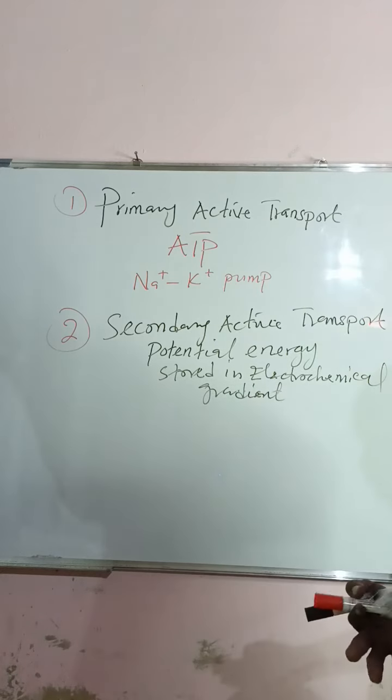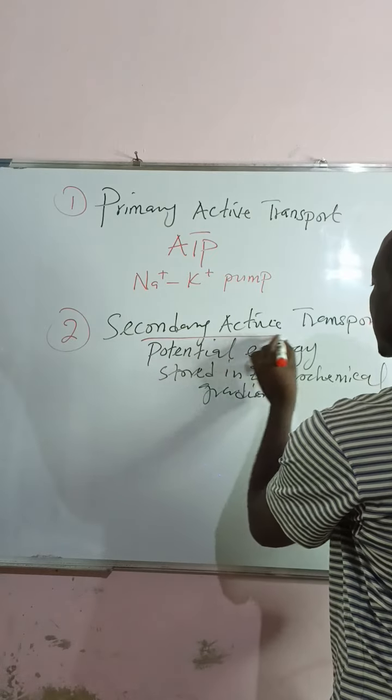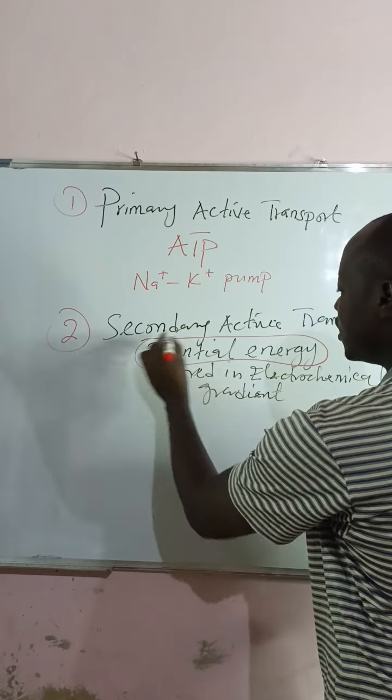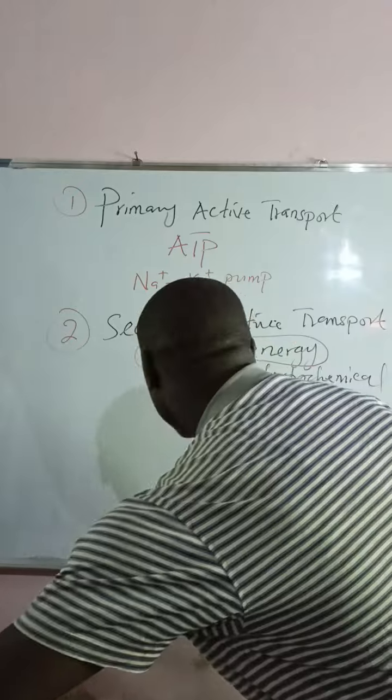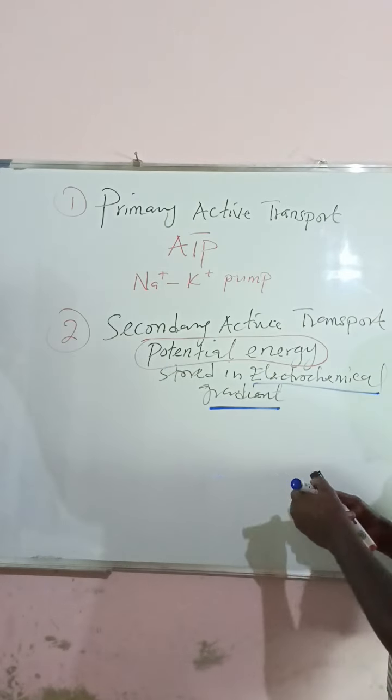So you see, in the case of secondary active transport, it uses potential energy that is stored in the electrochemical gradient to transport substances across the cell.